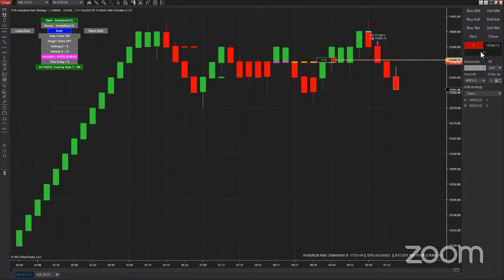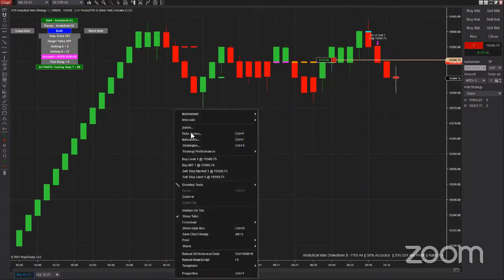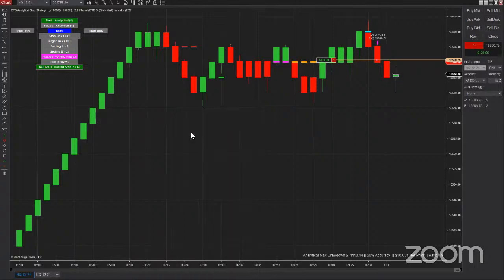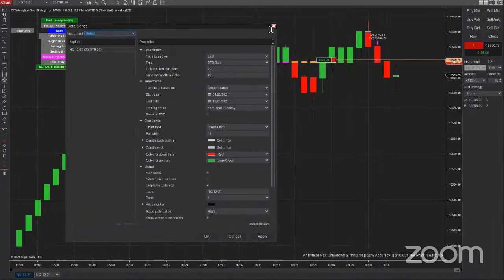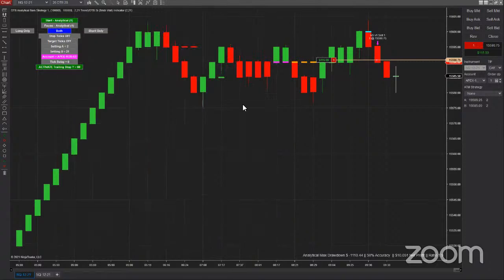Oh, come on. So ticking on this little box over here, you can change what the values are and stuff for that. I will go and change the data series to make it a little bit larger to view. Oh, it's not there. It's the properties, actually. So properties.